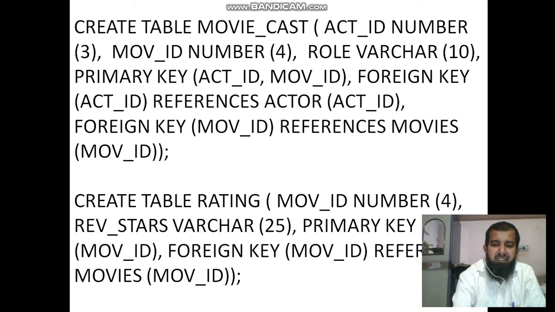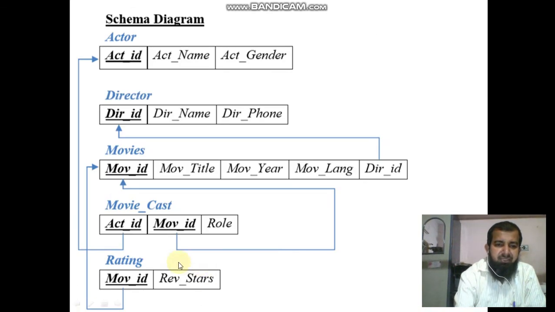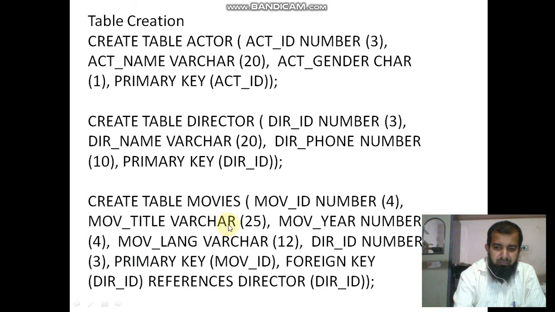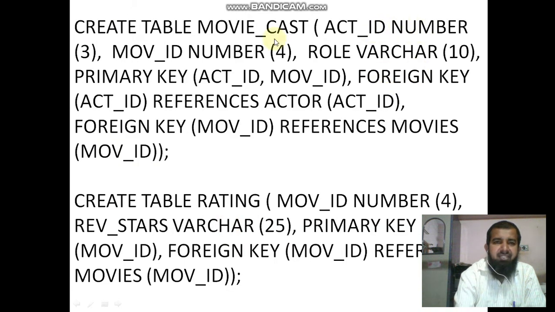Next, movie cast. Movie cast contains 3 column names: actor ID, movie ID, and role. Actor ID number, movie ID number, role character, primary key actor ID and movie ID.